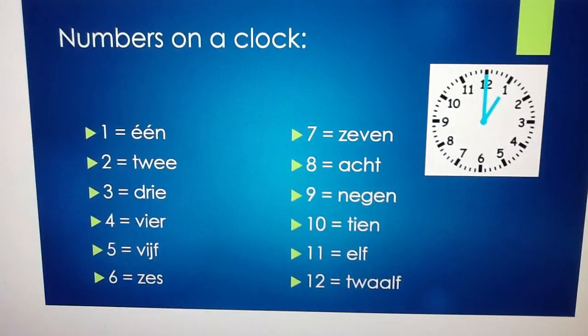Let's start. 1, 2, 3, 4, 5, 6, 7, 8, 9, 10, 11, 12. I recommend you make a print screen or write them down, because you will need them in this video. So, again, 1, 2, 3, 4, 5, 6, 7, 8, 9, 10, 11, 12.